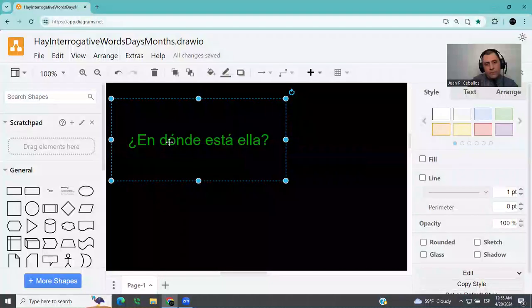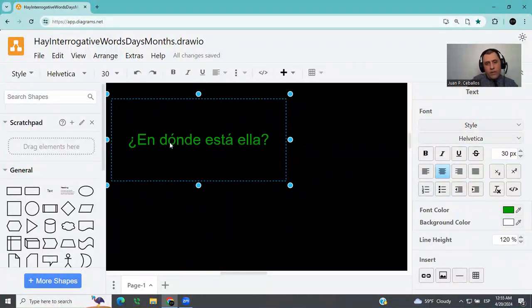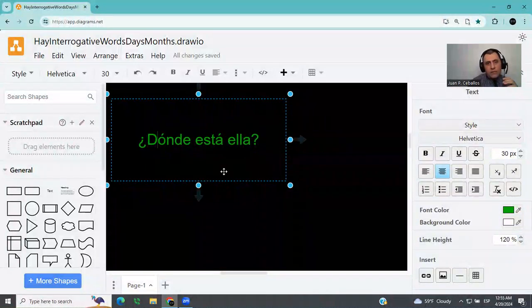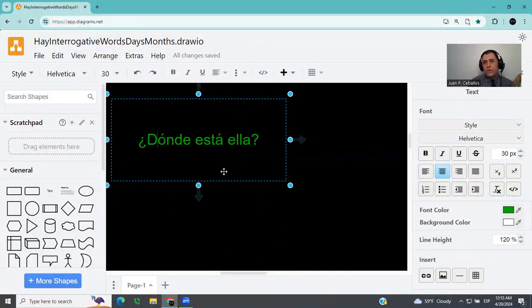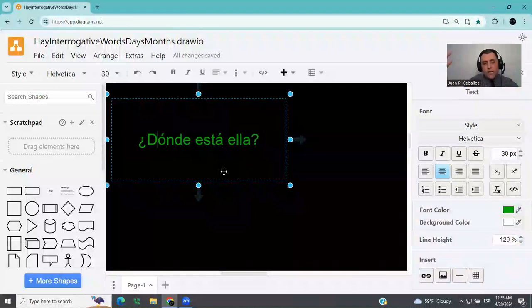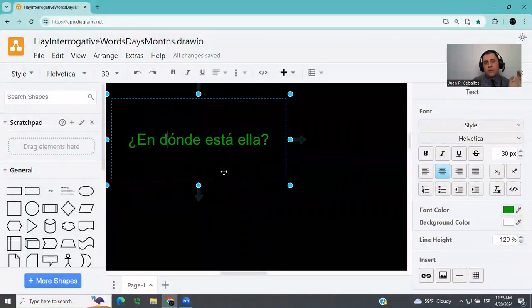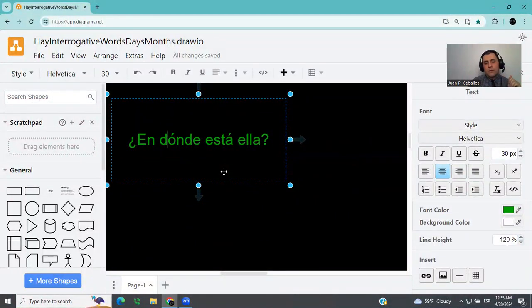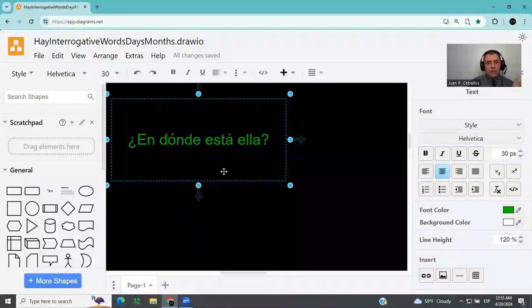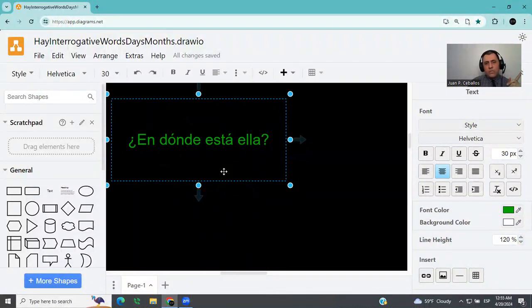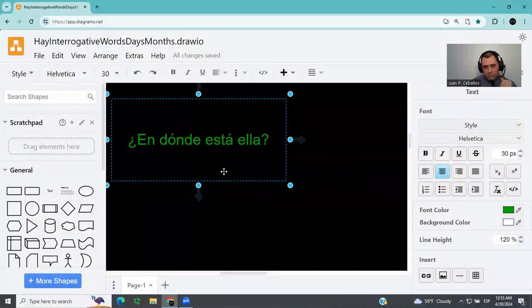Now, ¿en dónde really is not necessary. I can just say ¿dónde está ella? And that will be enough. But if you want to emphasize and increase the tone a little bit, you can emphasize it like this: ¿en dónde está ella? It's kind of the same idea in English. Where is she versus where is she at? Okay.